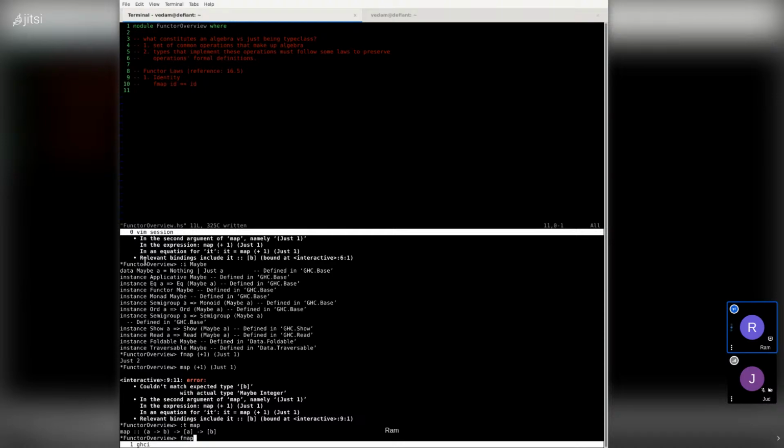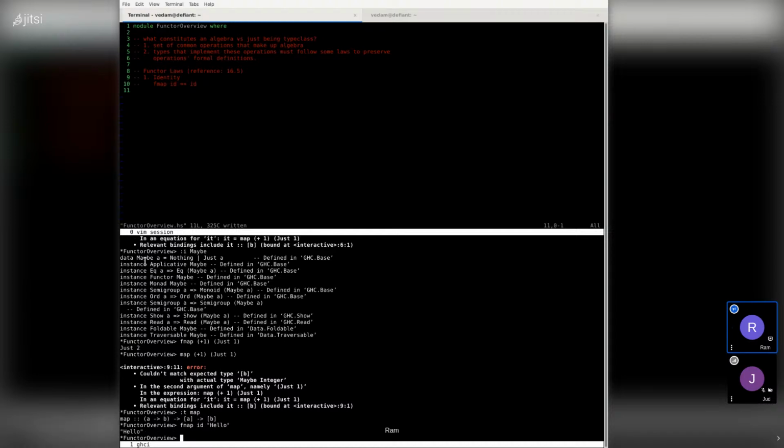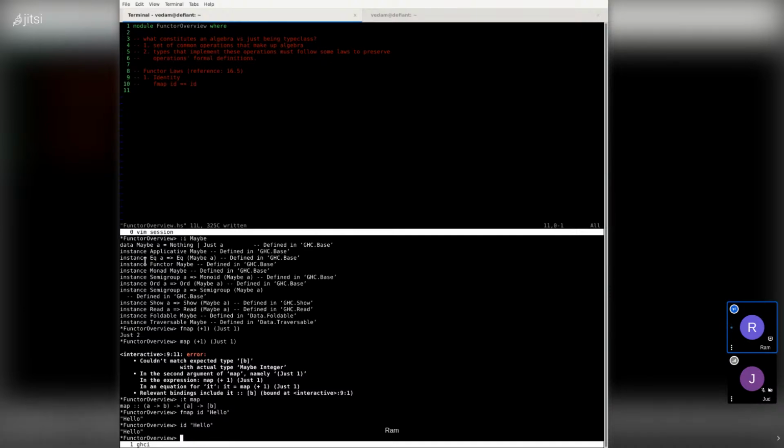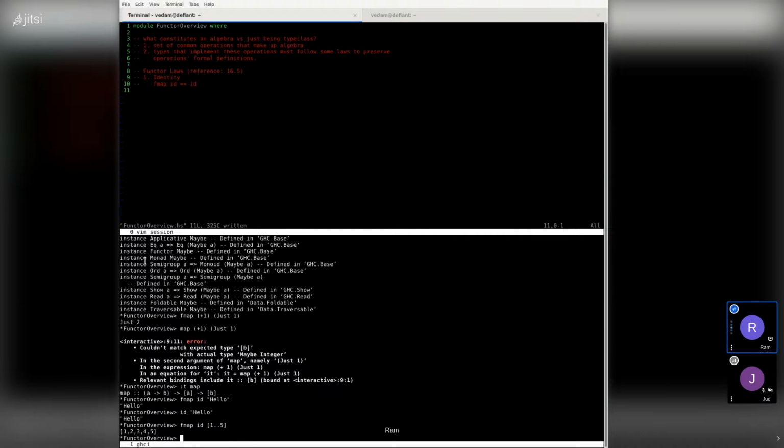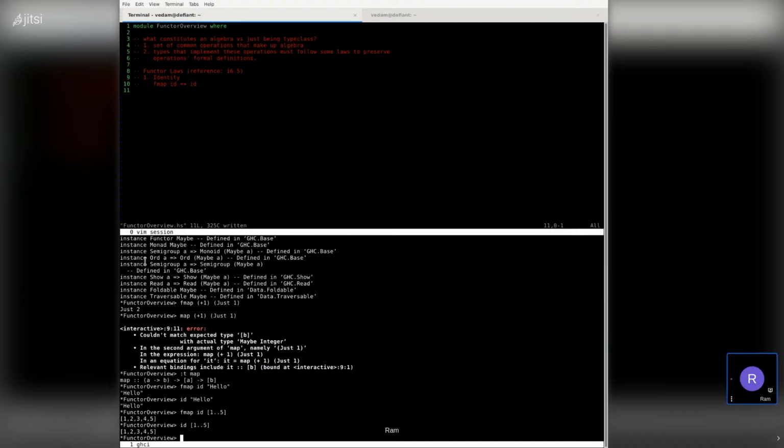And we can see this if we pass id to fmap on hello, we'll get the same result. Well, does this work for everything? If we do fmap id on the list 1 to 5, we also see that it gives us the same answer.